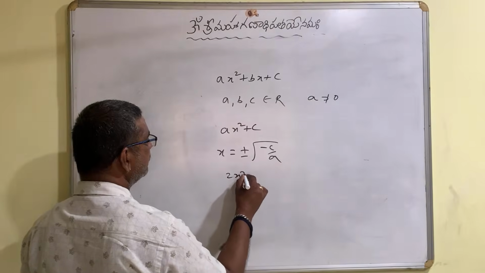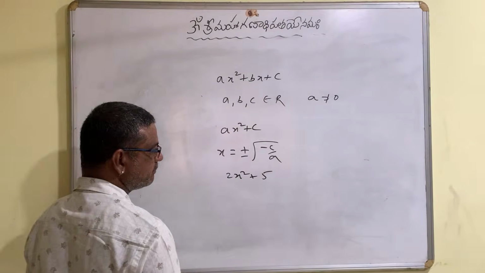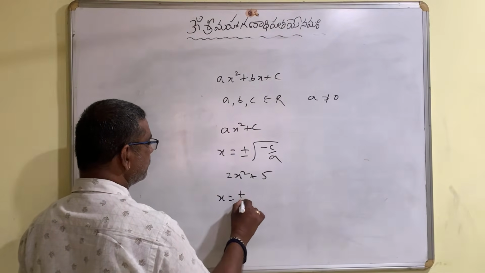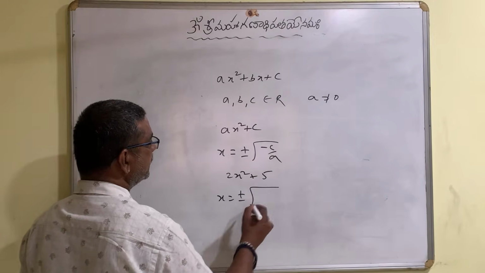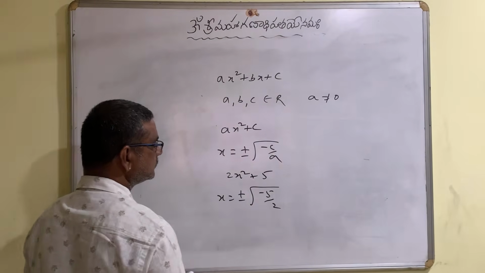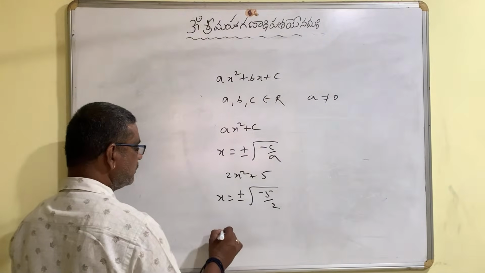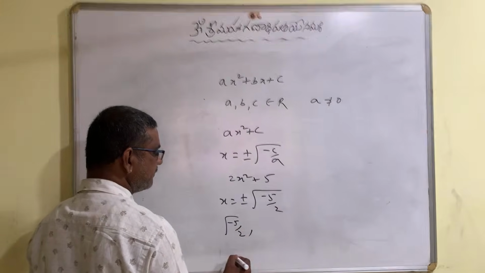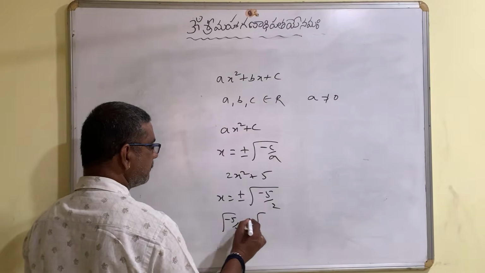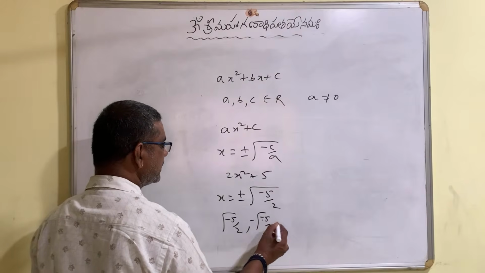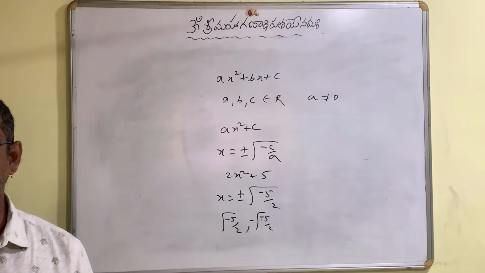Now, what I gave was 2x square plus 5. So the roots will be x equal to plus or minus root over minus 5 by 2. Root over minus 5 by 2 is one value, and minus root over minus 5 by 2 is another value. Understood, children?